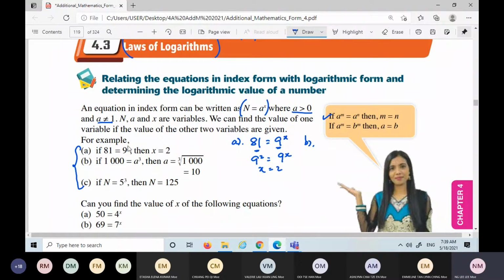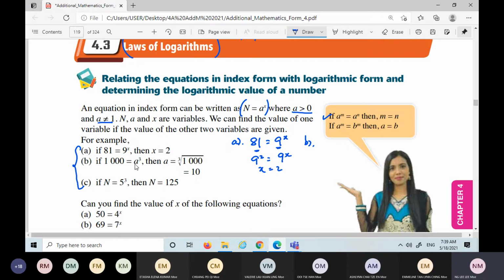Compared to n equals a to power x, the variable that you don't know in A is the x. For B, 1000 is equal to a to power 3. If you compare to n equals a to power x, the variable that you don't know here is the a. So how to find this?